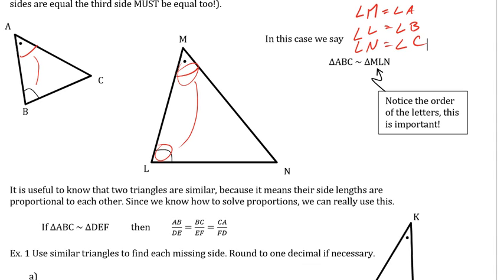Why is this useful? This is useful because when we have two triangles that are similar, their side lengths are proportional to each other. What does that mean? It means, let's say side length MN is twice the length of AC. That means every side length in that bigger triangle will be twice the length of the side in the other one.